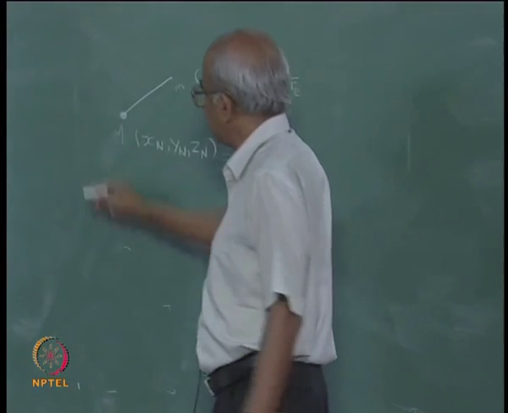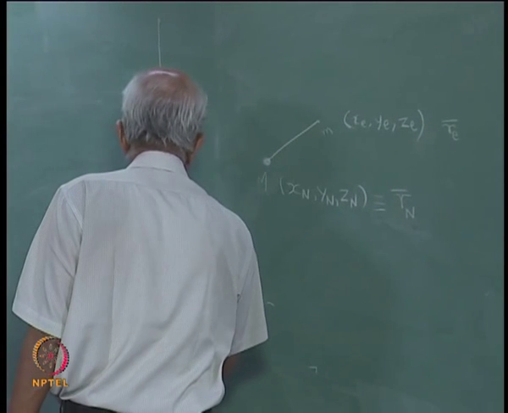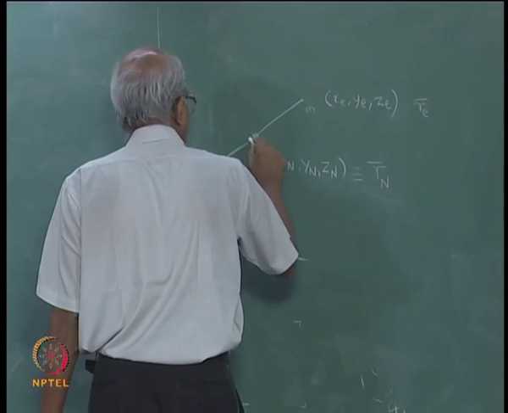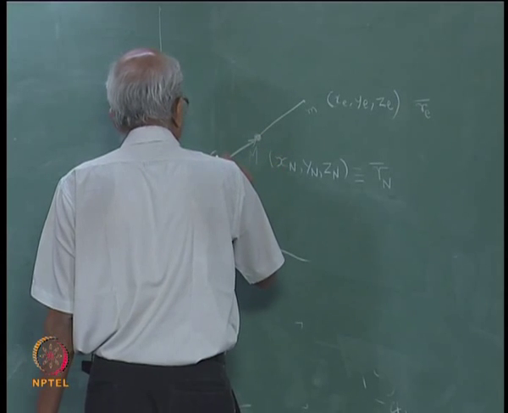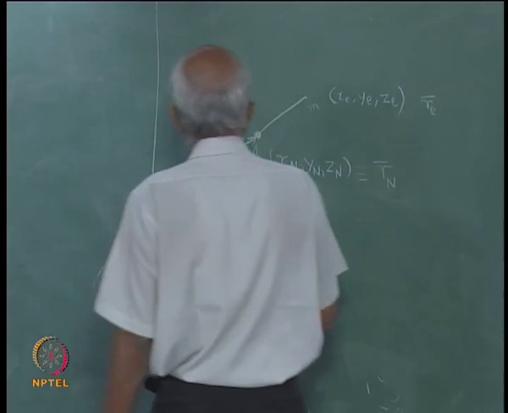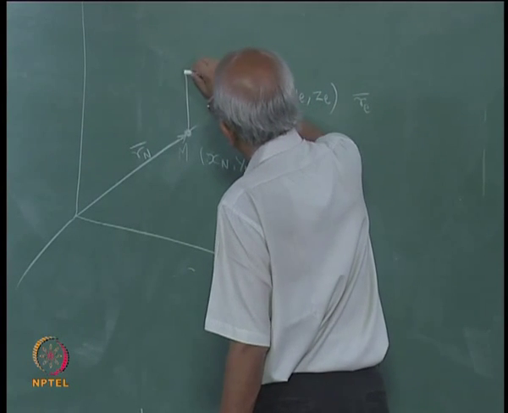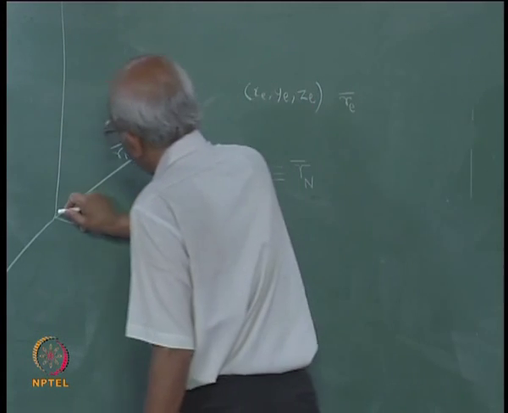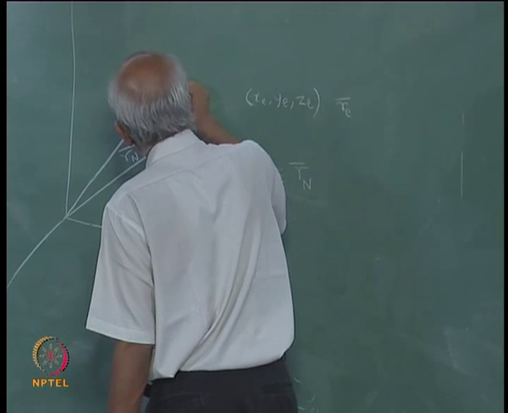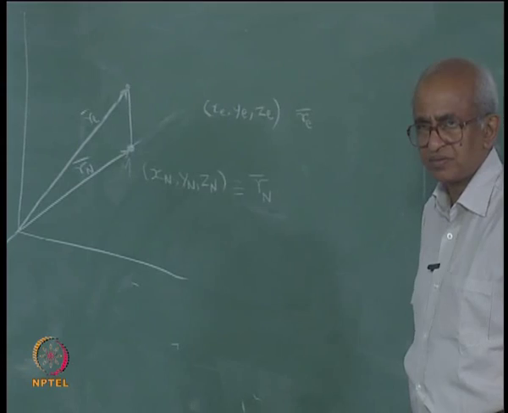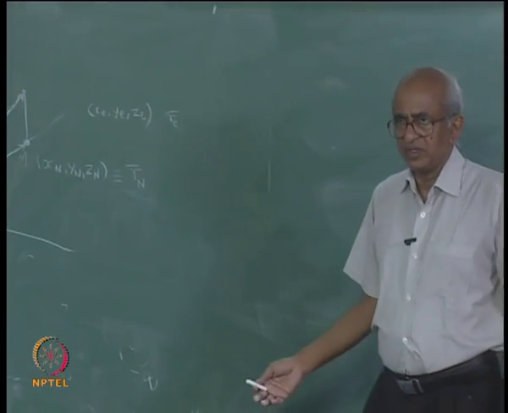This essentially means that you see I have some coordinate system somewhere here. With respect to this coordinate origin, this vector is Rn. That is the electron, and this position vector is Re. That is all. Fine.